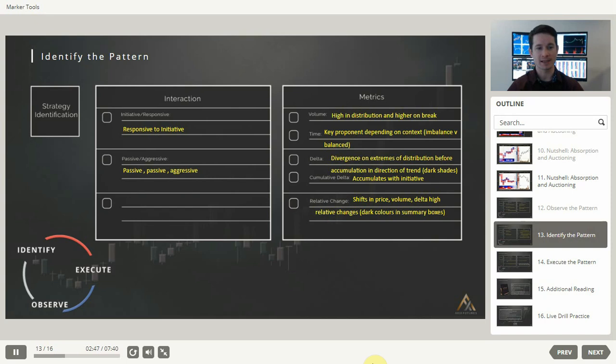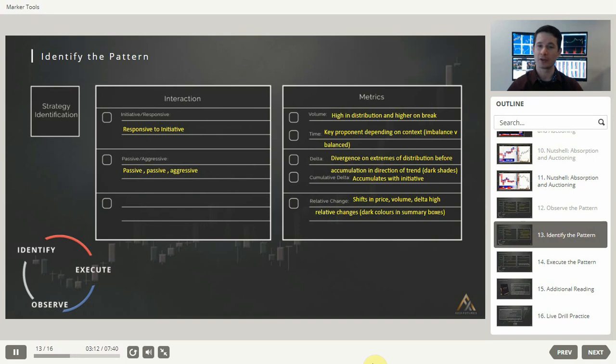Now, in terms of interaction, we first want to think in terms of responsive and initiative. We spoke a lot about this principle in Unit 3. We touched upon it again in this unit session, and we're going to touch upon it for the next 9 unit sessions. So note, whilst we're inside those 2 pivots, we noted the responsive behavior. We saw the dark delta patches at the extremes of the pivot.